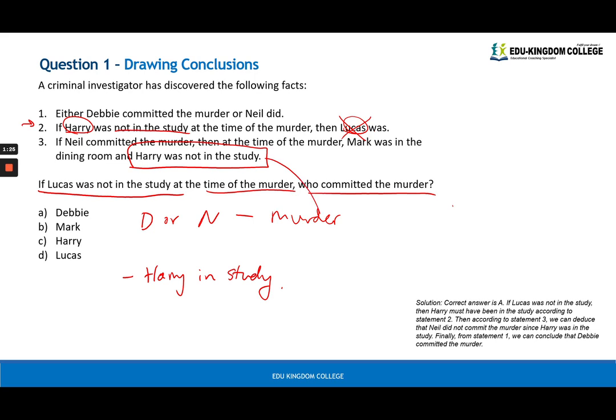But we just established that Harry was in the study, so Neil must not have committed the murder. Remember from statement 1 that either Debbie or Neil committed the murder. So if it's not Neil, it must be Debbie. Therefore, A is the correct answer here.